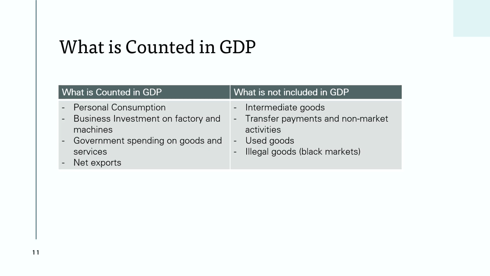Also, when you buy a used car or used furniture, it is not counted in current GDP because it was already counted when it was first produced. For illegal goods and black market activity, these transactions are not officially recorded and therefore not included in GDP.